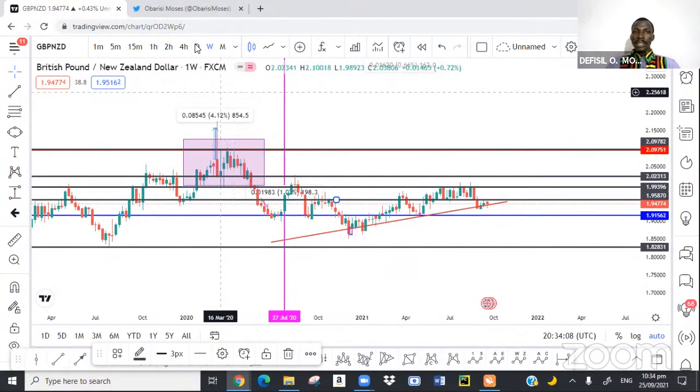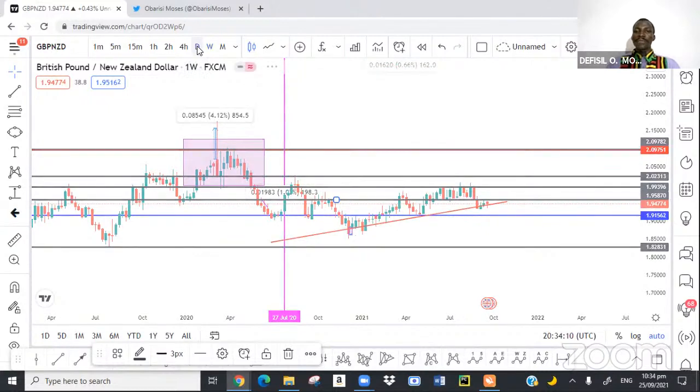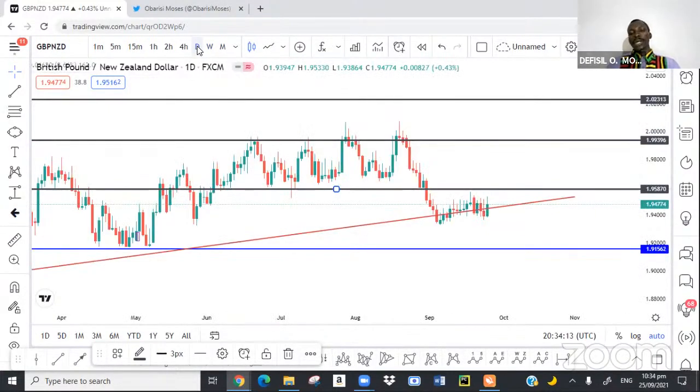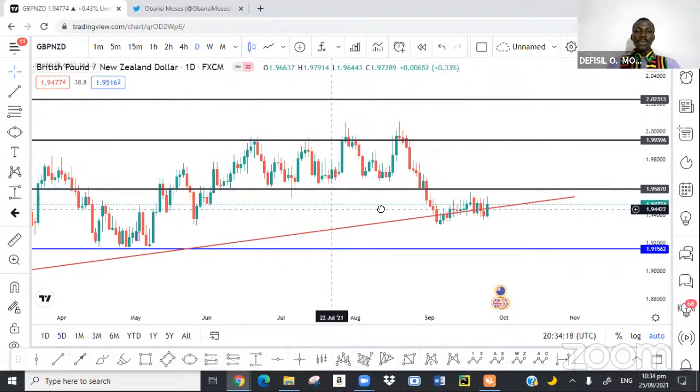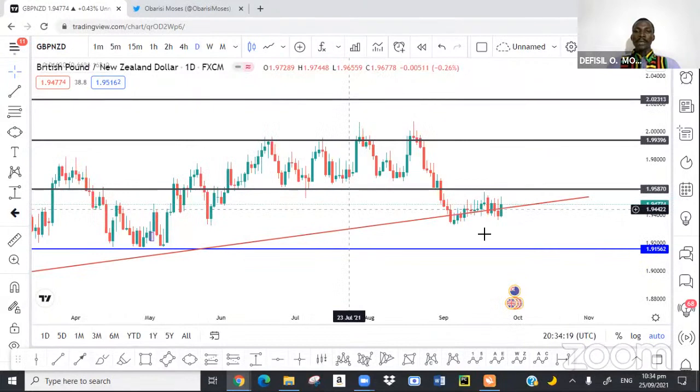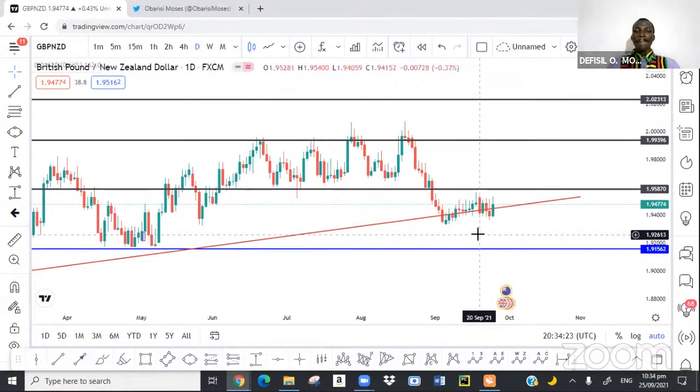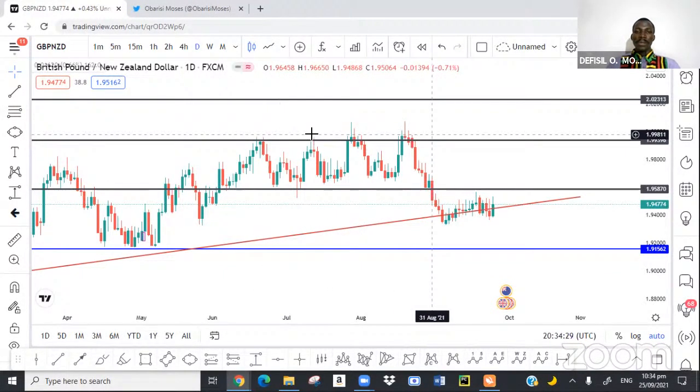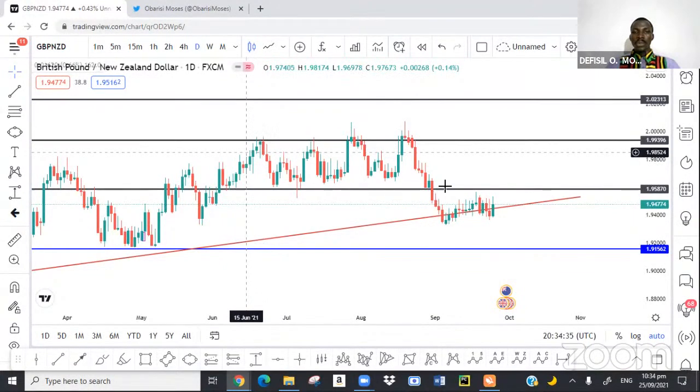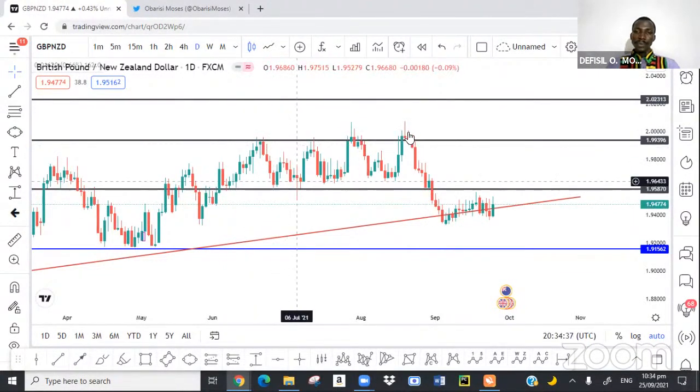So let me look at the daily time frame, to see if something opposes my opinion. My opinion still remains valid on the daily time frame, that this area is a resistance area at this trade, and this was a range, and this is a breaking of this range.